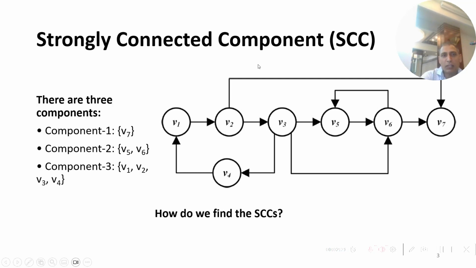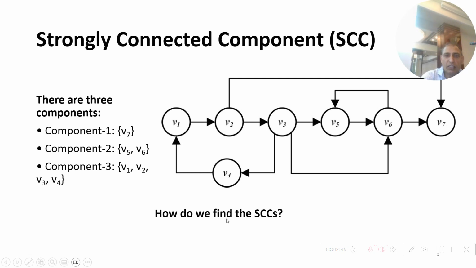In this graph, there are three strongly connected components: 1, 2, 3, with vertices V7, V5, V6, V1, V2, V3, V4.